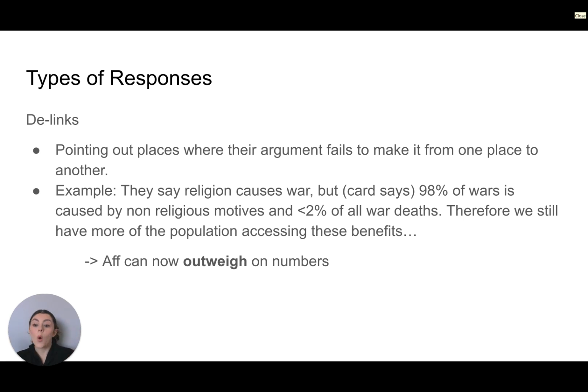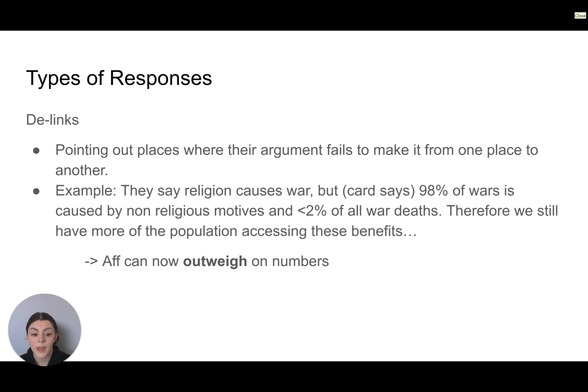Then the whole thing starts to crumble. So that would be a D-link argument. You would say, here's an example. My opponent says religion causes war, but this card says 98% of wars are caused by non-religious motives, and less than 2% of all war deaths.